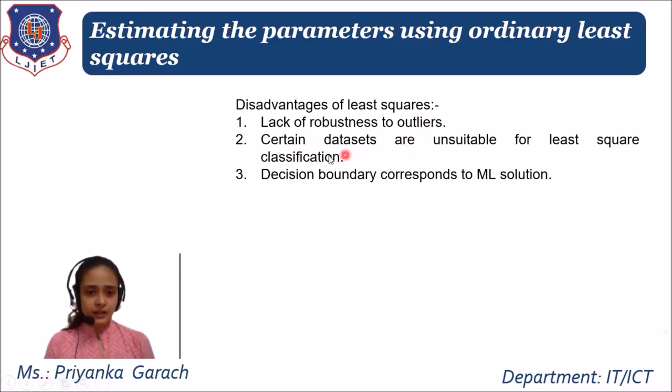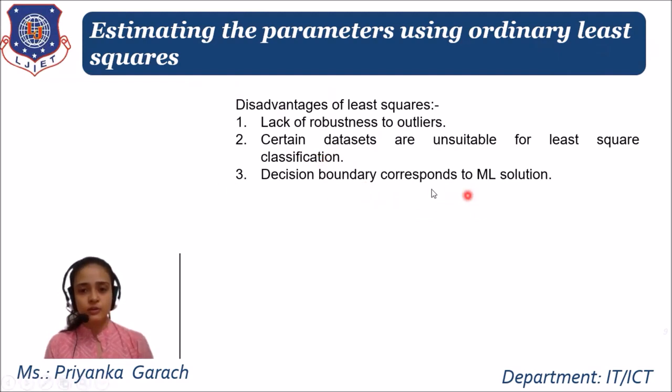The second disadvantage is that certain data sets are unsuitable for least square classification. There are some data sets which do not support this OLS method, so for that we have to use different methods for finding out the predicted value.